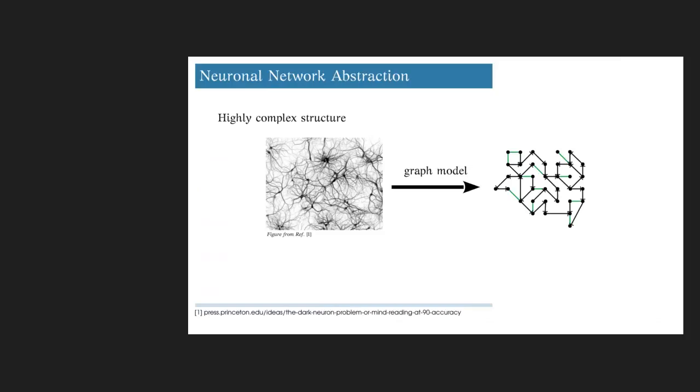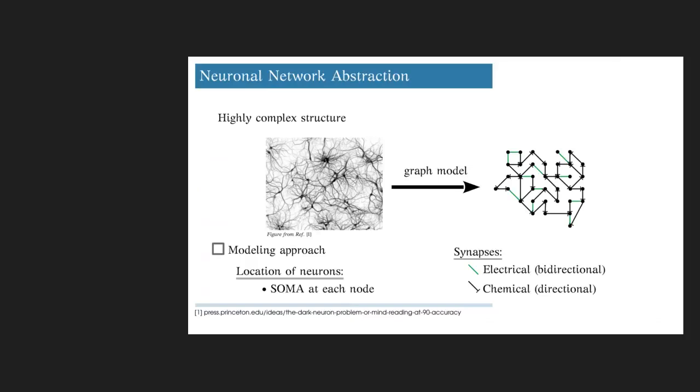And from this graph model, we can obtain conclusions about the techniques that we can then apply to the real network. So our modeling approach considers the location of the neurons, the soma at each node. So each node of the graph represents a neuron.